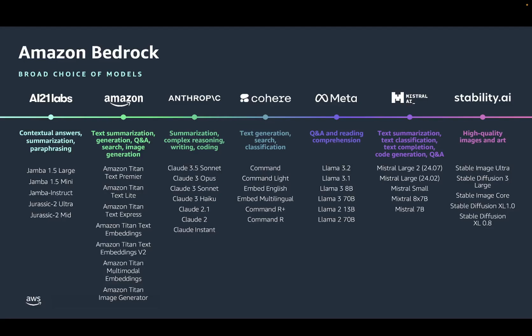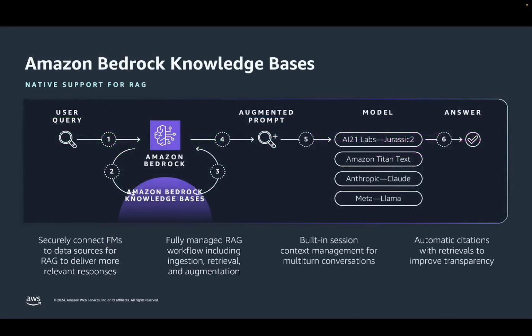So what else do we offer in Amazon Bedrock? We also offer native support for RAG. Knowledge Bases for Amazon Bedrock is a fully managed RAG capability that allows you to customize foundation model responses with contextual and relevant company data.